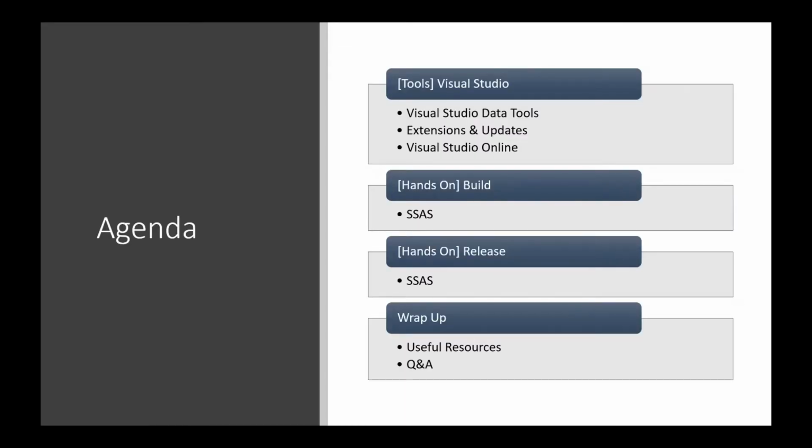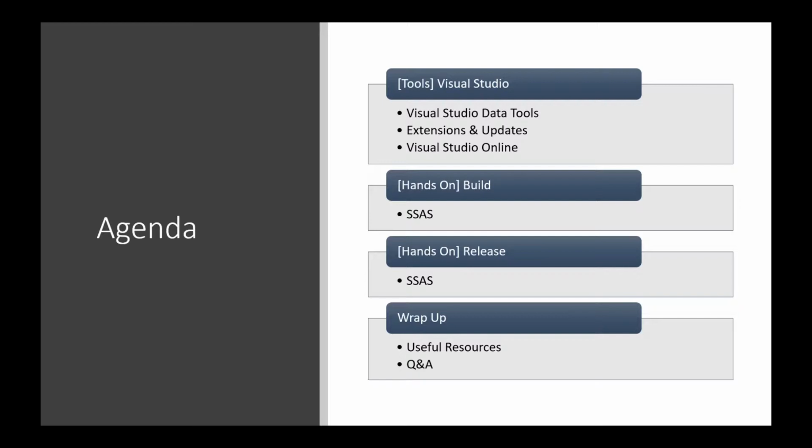Briefly, the agenda. First off, we'll look at the tools that you'll need in order to get going with this, what kind of extensions and updates, and we'll go into Visual Studio Online as well. Once in there, we'll do a build of a tabular model in analysis services, and then after that, we will create a release process.